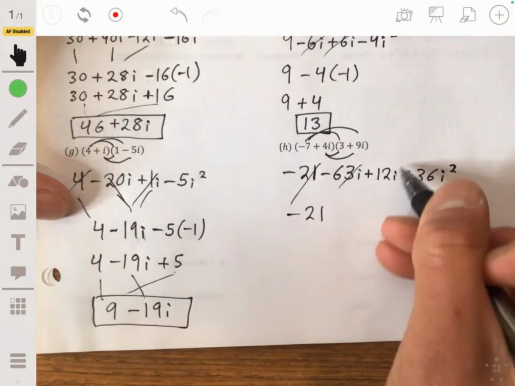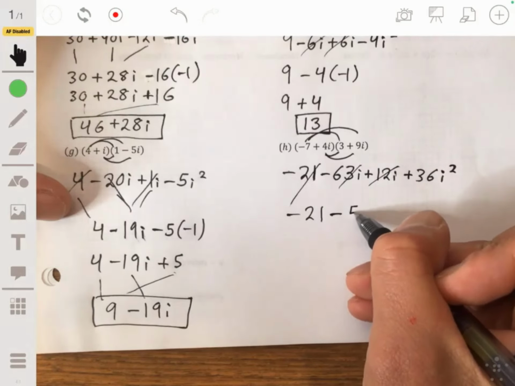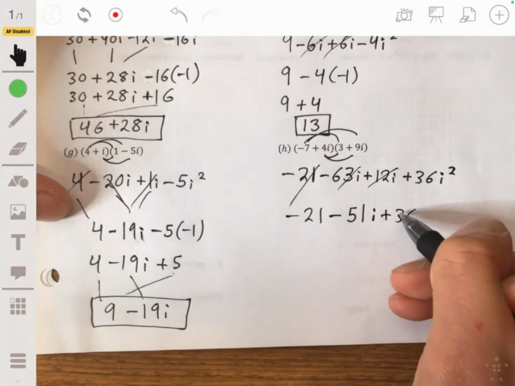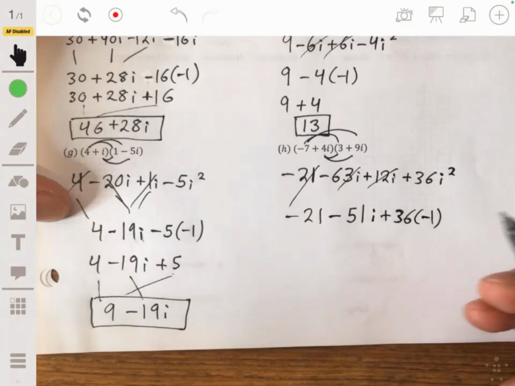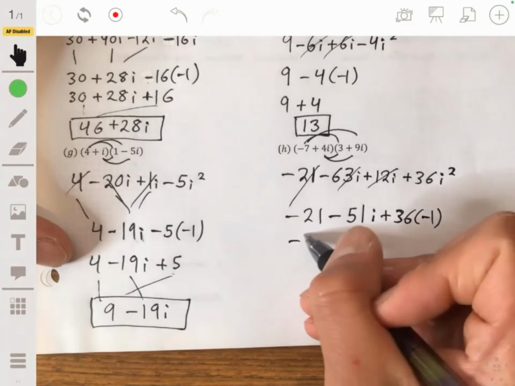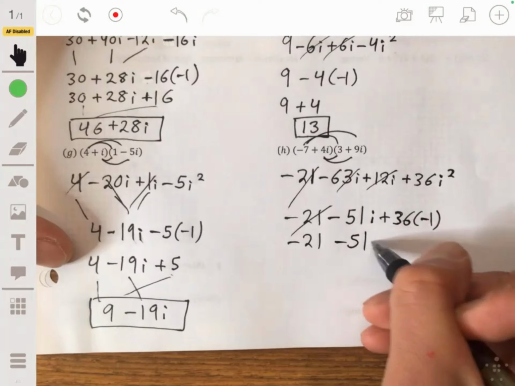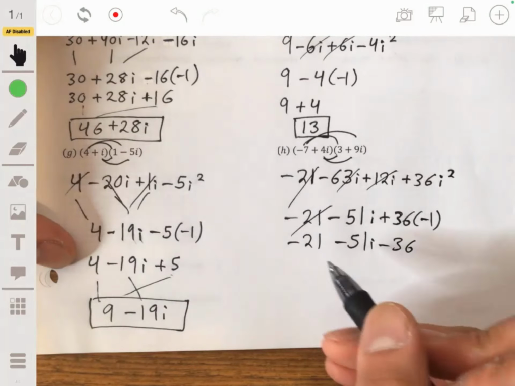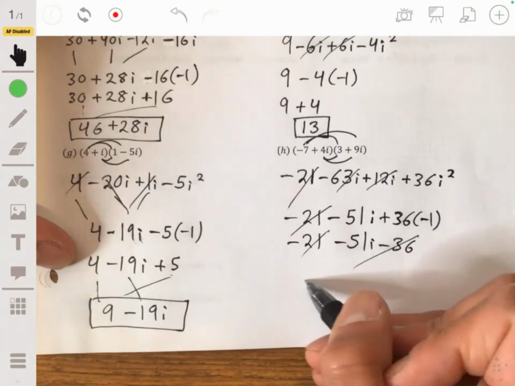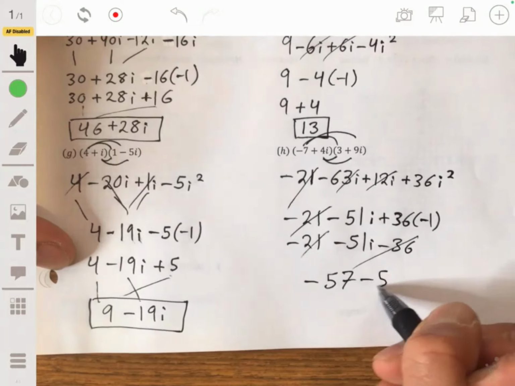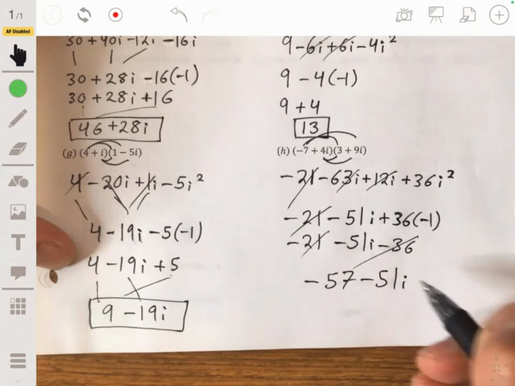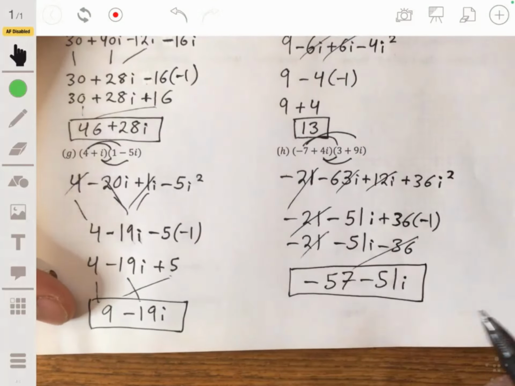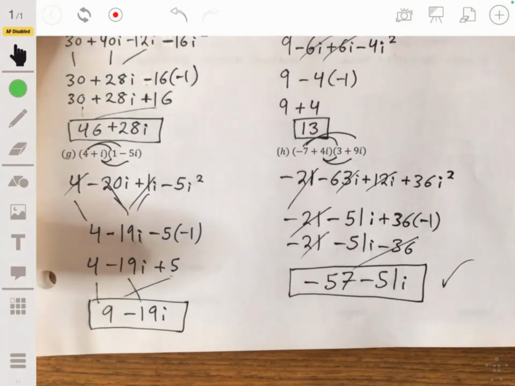Minus 63i plus 12i will make a minus 51i. Plus 36 times negative 1. This becomes negative 21 minus 51i minus 36. Negative 21 minus 36 makes minus 57. Drop the minus 51i, we get negative 57 minus 51i. And there we go.